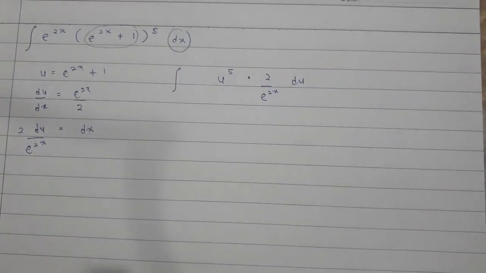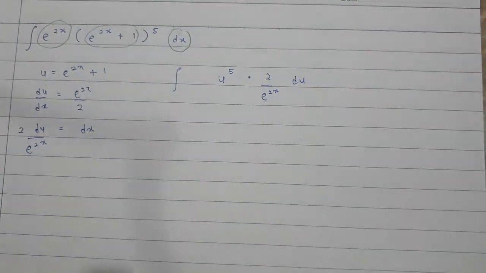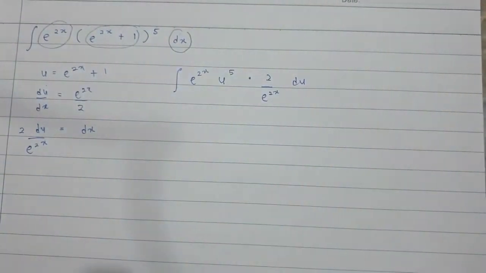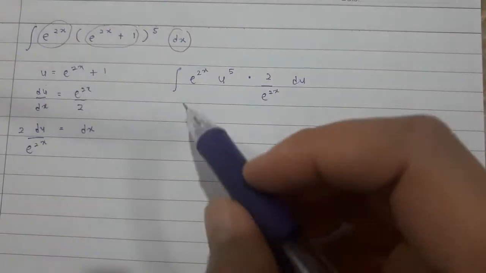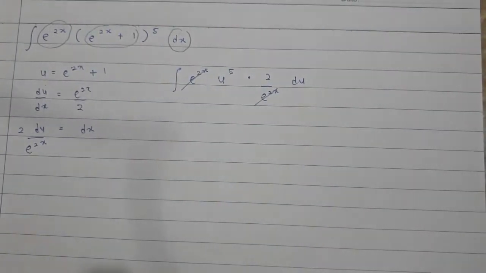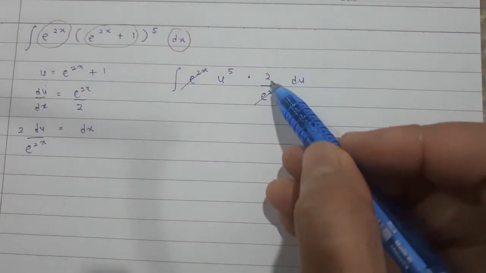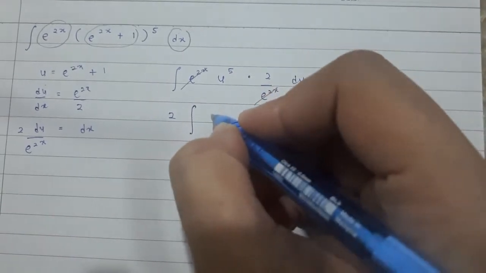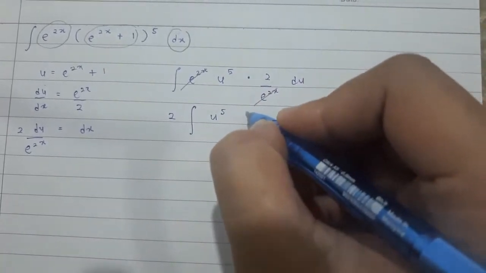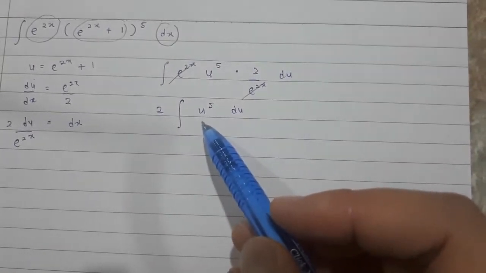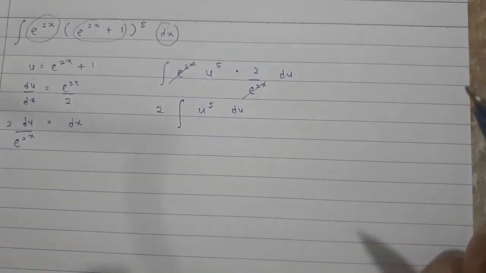And then let's insert e to the x. Here we can see that we can simplify e to the x and e to the x. We can also factorize 2. So we are left with the integration of u power 5.